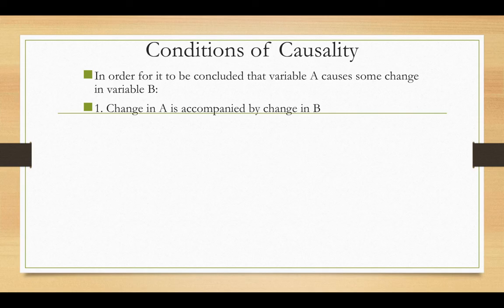Look, aside from random sampling, random assignment, a manipulated IV and internal validity, you need to be able to establish these 3 conditions. When you change A, B has to change. So in other words, when I go from high anxiety to low anxiety, I expect the scores to change.